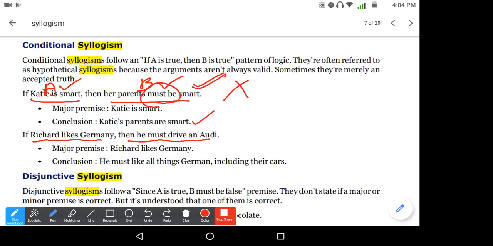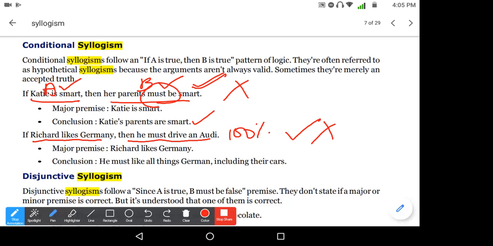So Richard likes Germany maybe for food, maybe for the lifestyle, maybe for the language. There can be many other things. So you cannot 100% say this is correct. It can also be wrong.